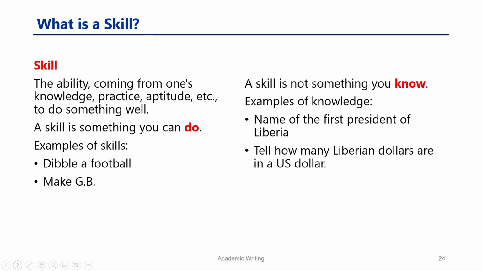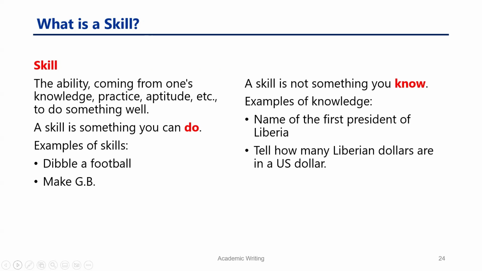Before we get into the assignment, let me define a term real quick so we all understand what we're talking about. And that term is skill. A skill is the ability coming from one's knowledge, practice, aptitude, etc., to do something well. A skill is something you can do.